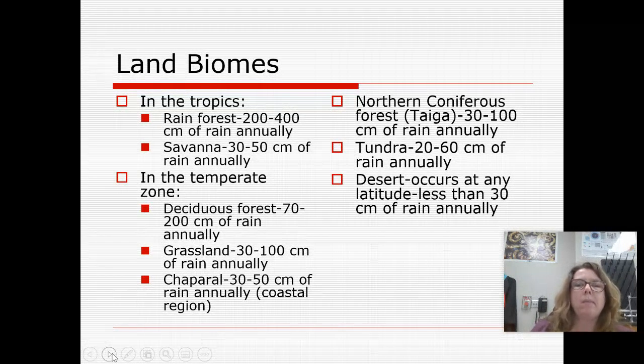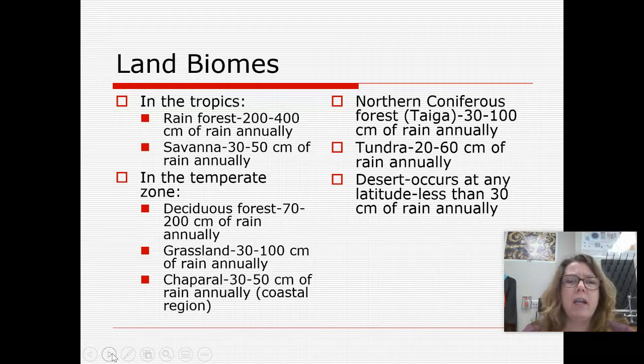So the biomes have a specific climax community. So when succession goes on in these biomes, where it stops is at that climax community. And what climax community you get is determined largely by latitude and rainfall, right?